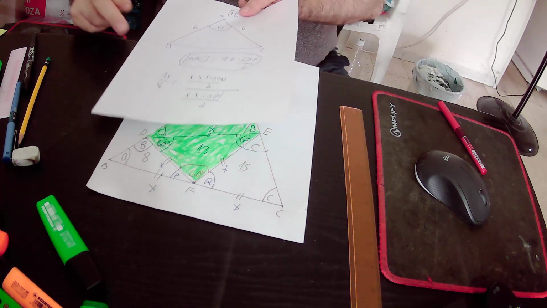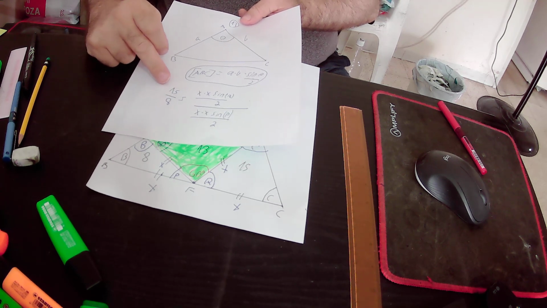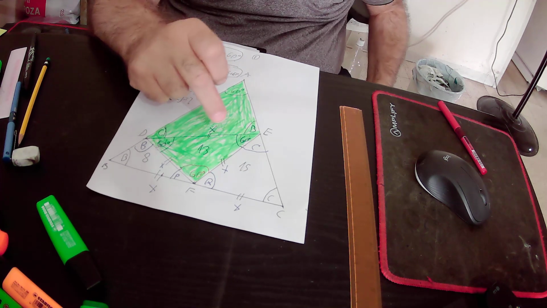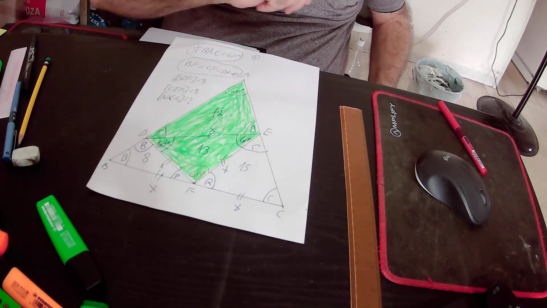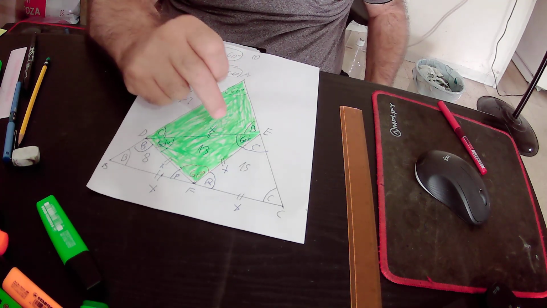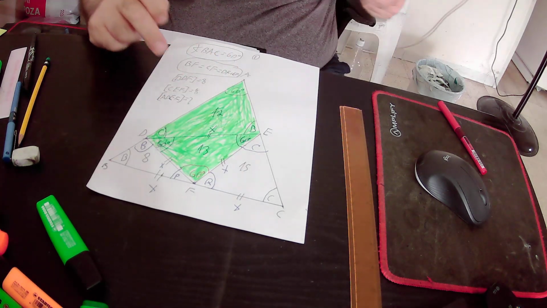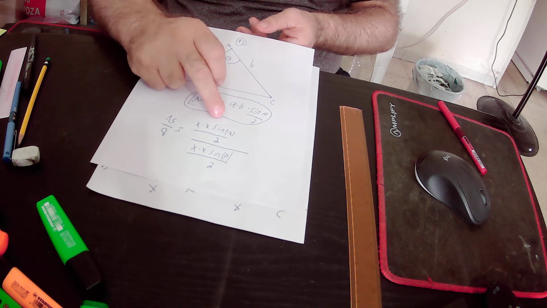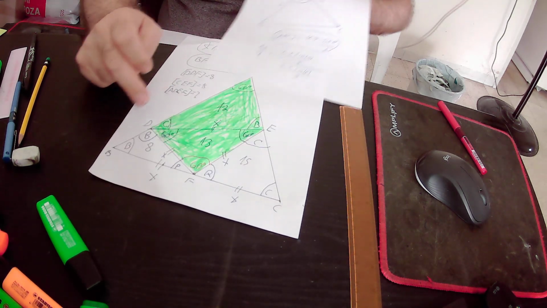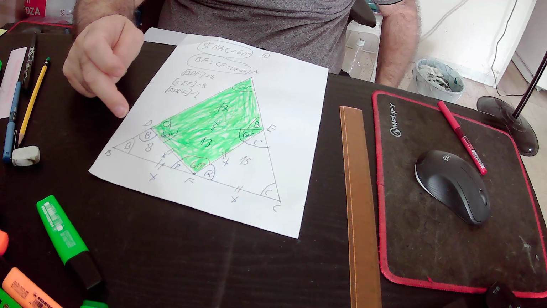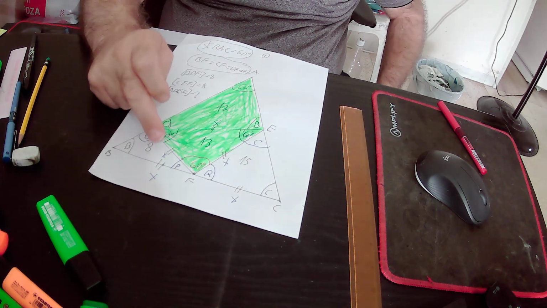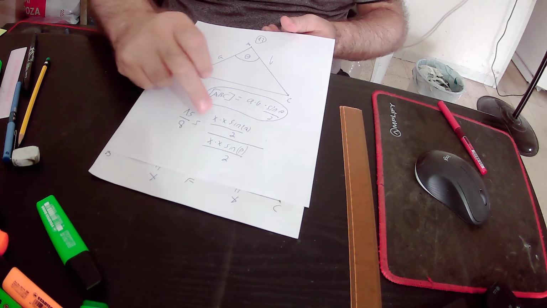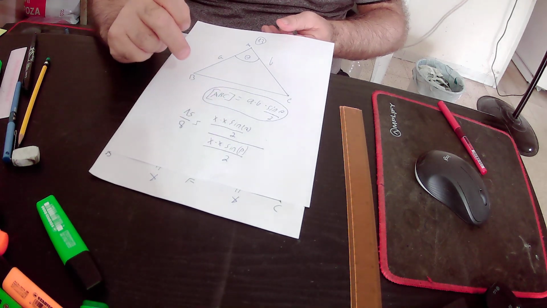So 15 over 8: 15 is the area of this triangle, which according to the formula that I presented to you equals x times sine q over 2. And the area of this triangle, triangle DBF, equals x times sine p over 2.